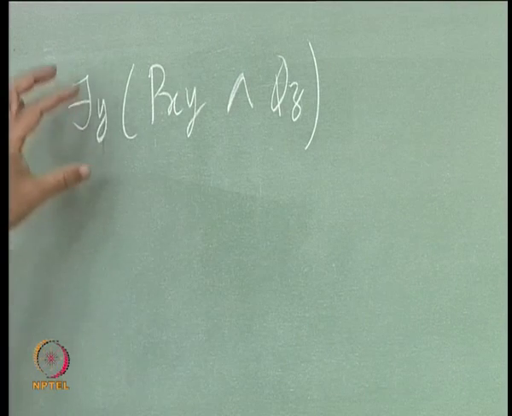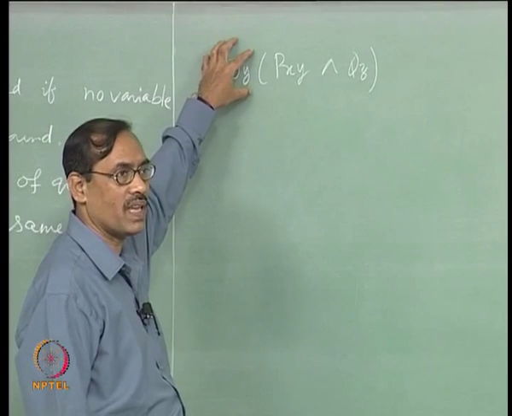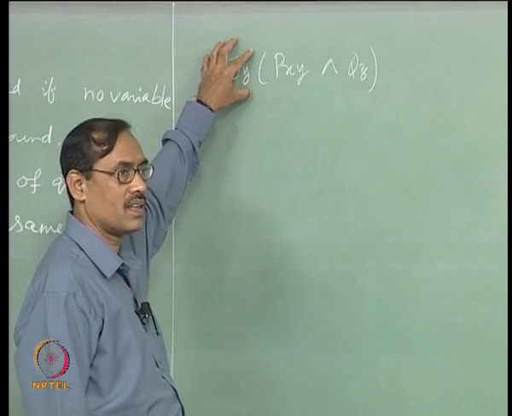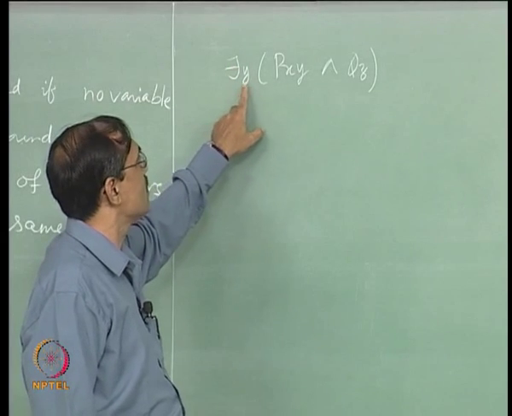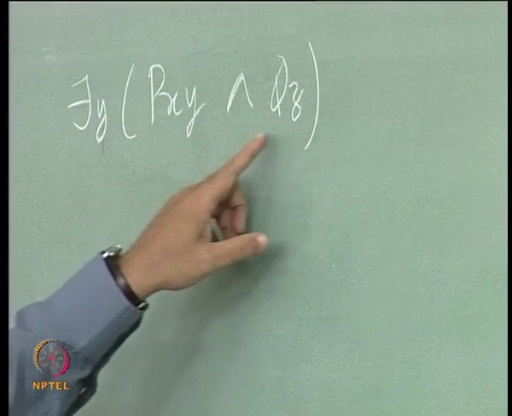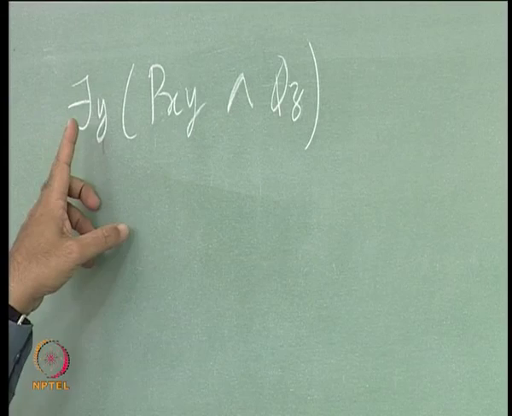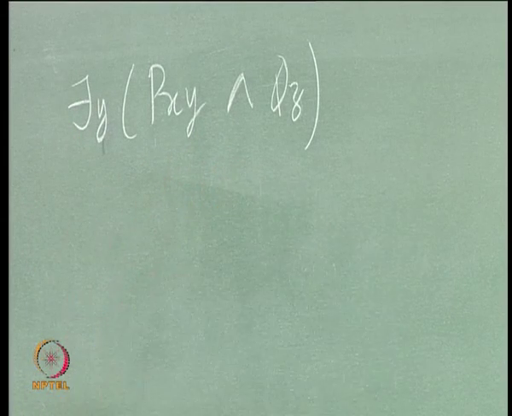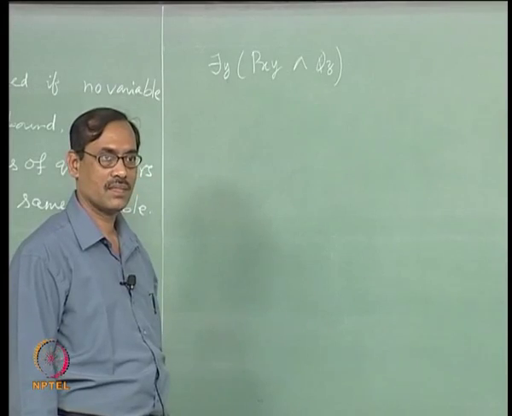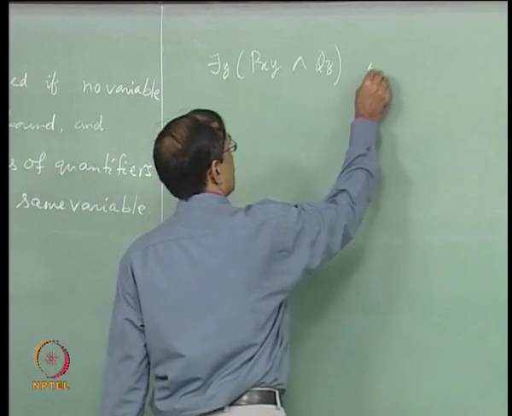There is only one occurrence of the quantifier which uses y, right, and that y is bound here, it is nowhere also free, z is a free variable. So, this is already rectified, fine. So, we say that this is already rectified.